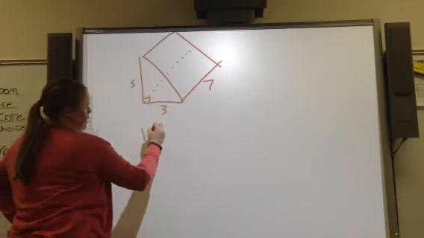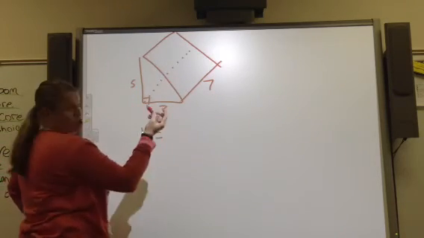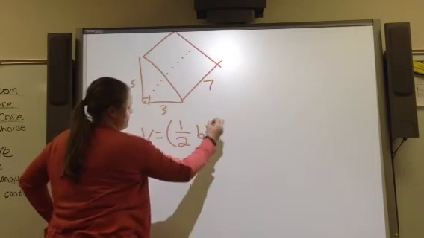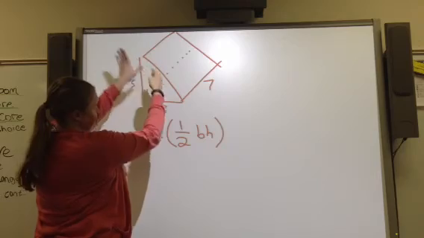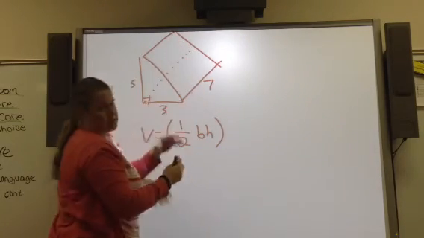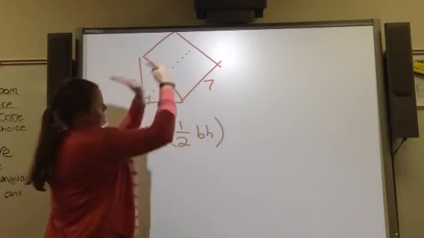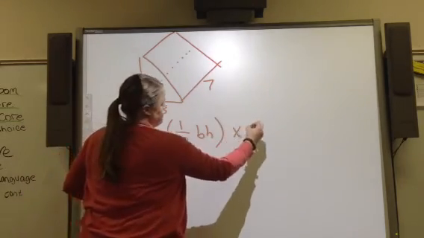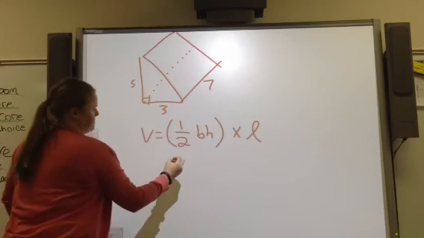So again, the volume for the triangular prism will be 1/2 base times height, finding the area of the base of the triangle, and then multiplying that 7 times, because that triangle is repeated 7 times. Think of them as stacked on top of each other. So times the length, which is 7.